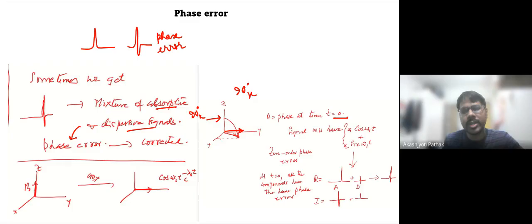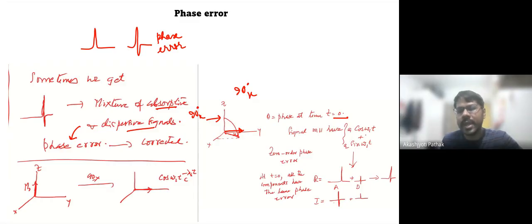It will be tilted. It will lie somewhere in the xy plane. Now if you resolve this into two components, you will have a component in the x-axis, and you will have a component in the y-axis.